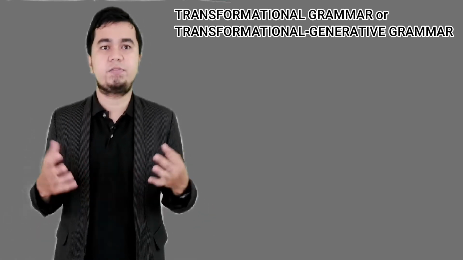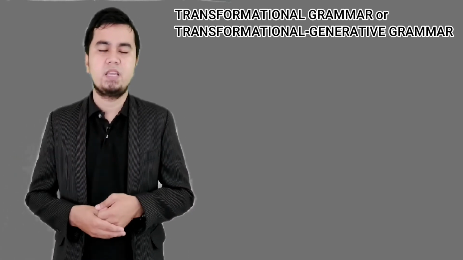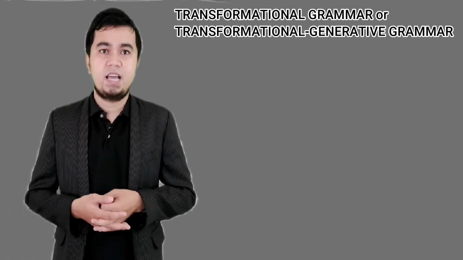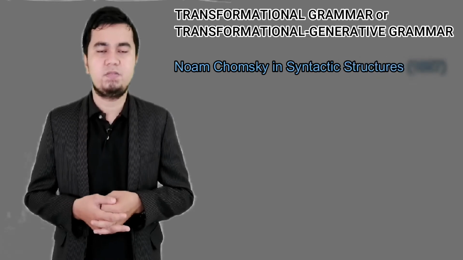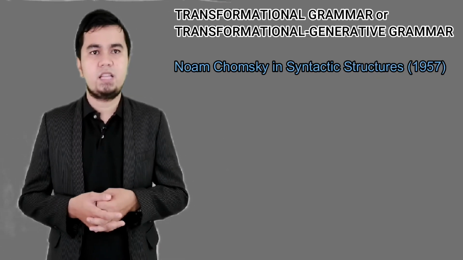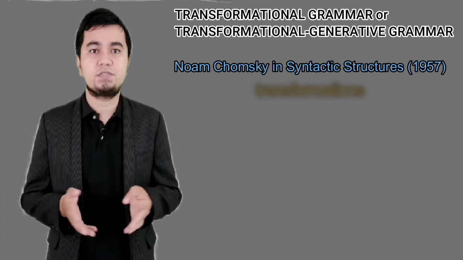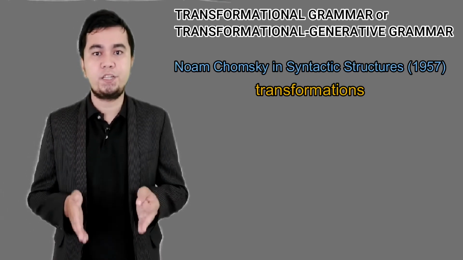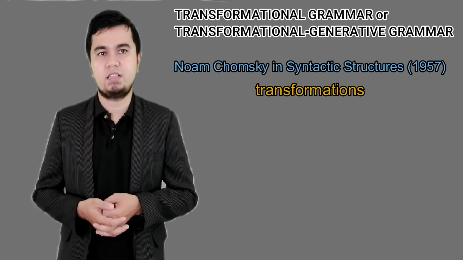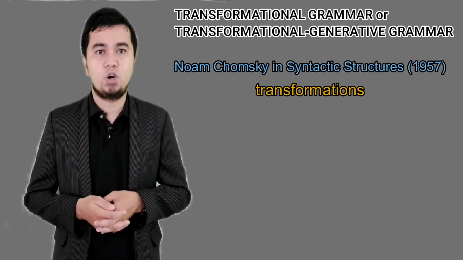Okay, so we are now done with the two major topics, and we are now on the third and final topic: transformational grammar, or the transformational generative grammar. This is another grammar model by Noam Chomsky in his book Syntactic Structures in 1957. It describes a language in terms of transformations applied to an underlying deep structure in order to generate a surface structure of a sentence which can actually occur.